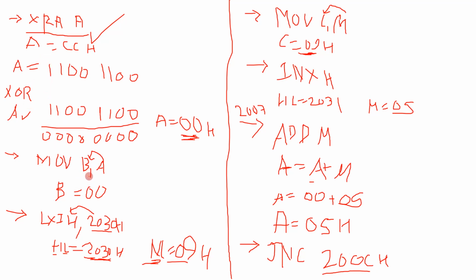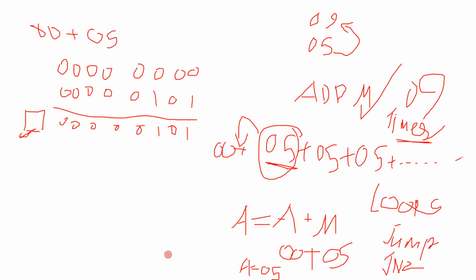Why we have made the B register 00, we'll come to this later. Here we have loaded the contents of HL with 2030. If I want to add this 5, 9 times, there should be some register which will hold 09.